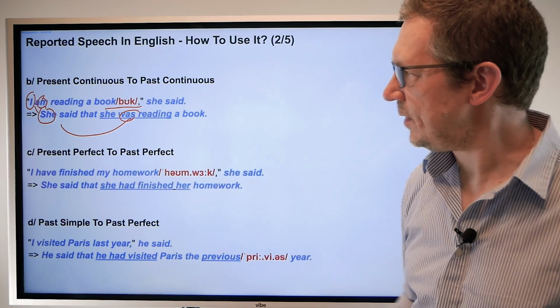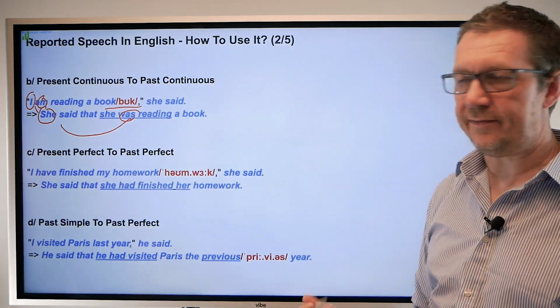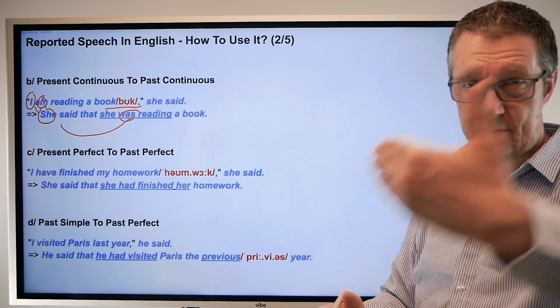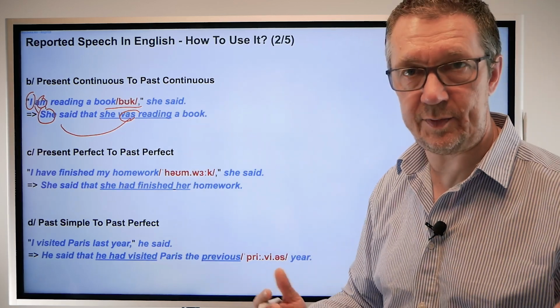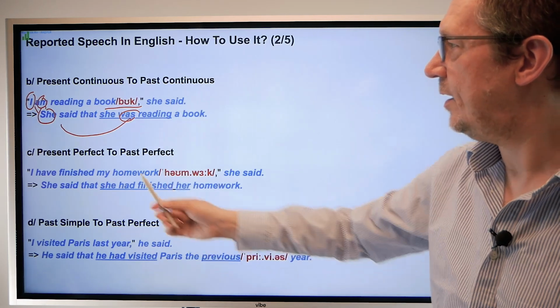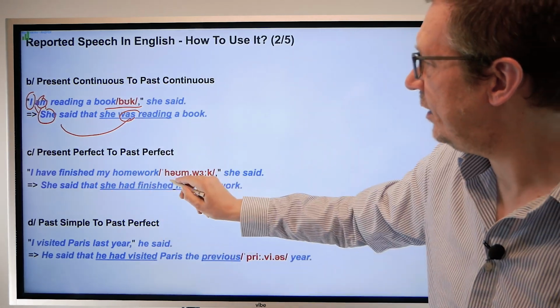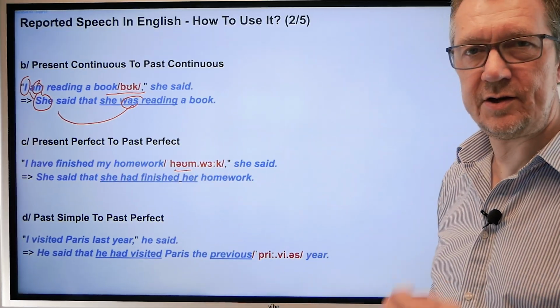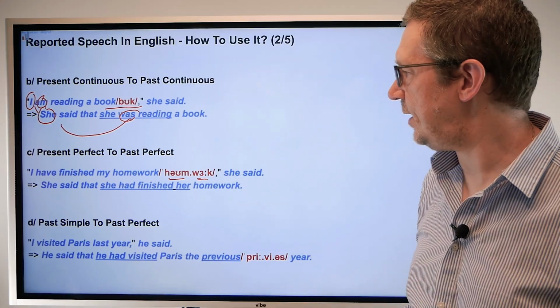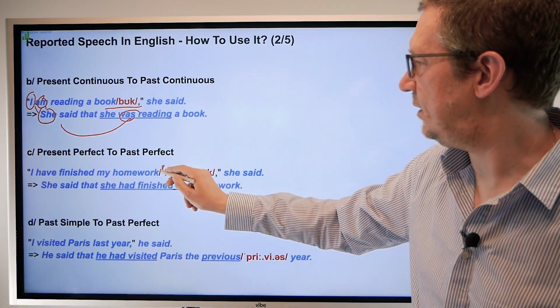Okay. Present perfect to past perfect. This is changing slightly again, and of course it goes back one step. Again, as we said before, mandatory, you must do it. I've finished my homework. I have finished my homework. Have a look at this pronunciation, homework, and this is where our stress is.